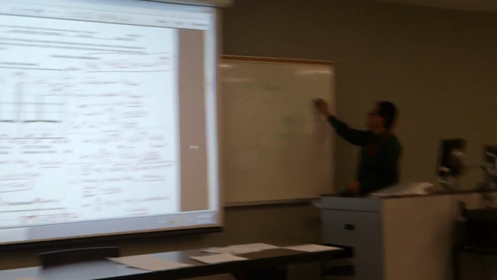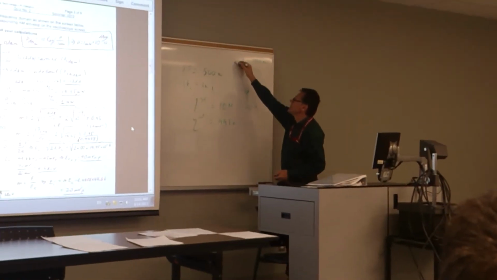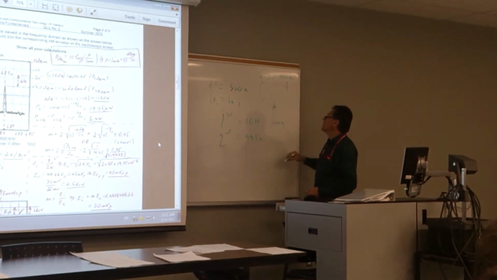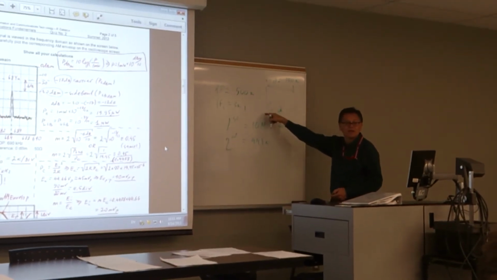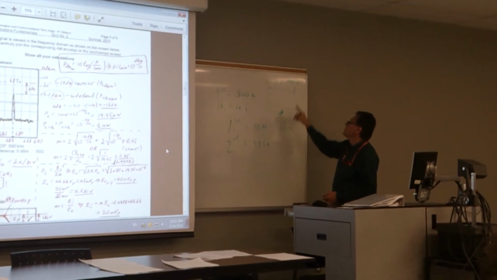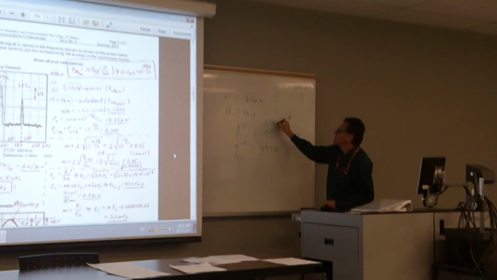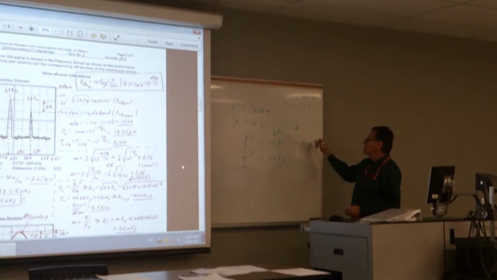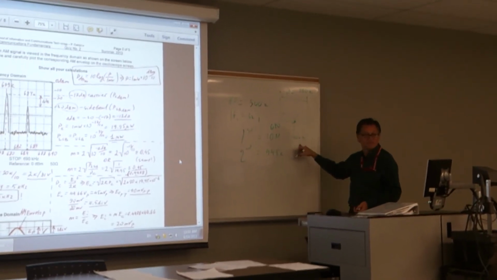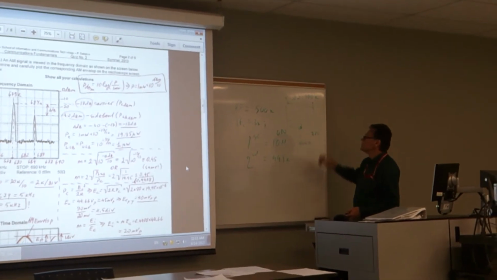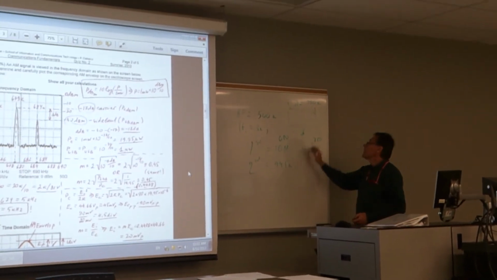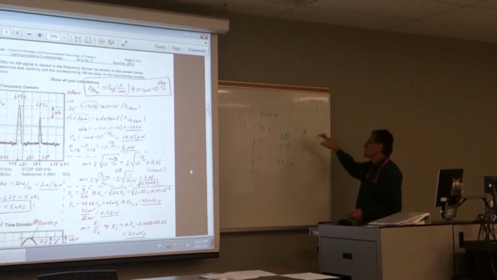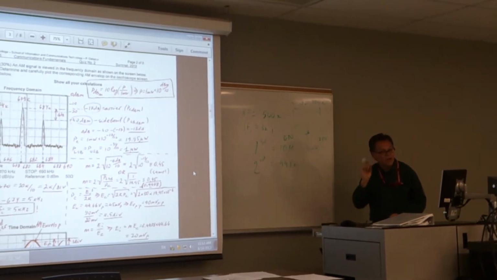What will be the start now? 700 minus 50, 650. What will be the stop? 700 plus 50, 750. From center and span, you can find start and stop. Do you understand how to do this? Yes. Anybody not okay here? Good.